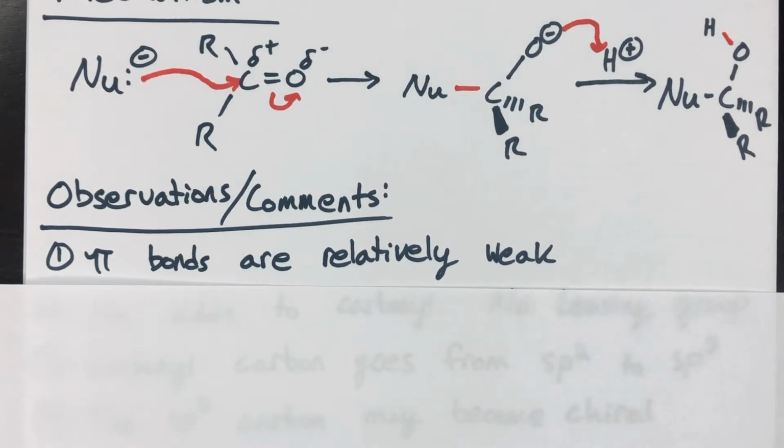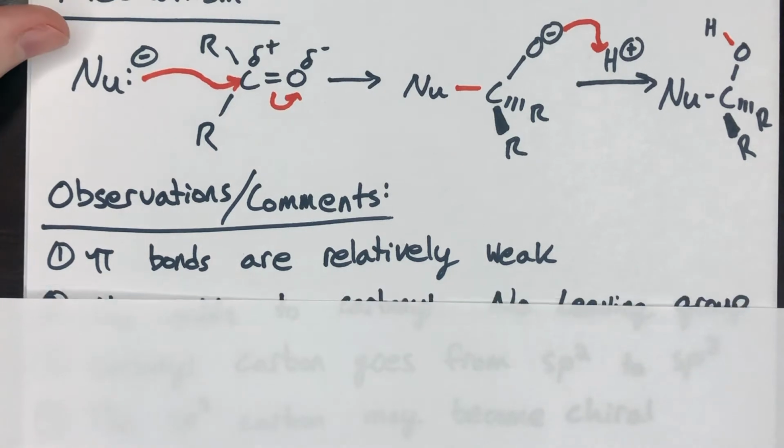And that's why it can act as what I call this pseudo leaving group. You can use that bond to fulfill the octet on that carbon by dumping those electrons onto the oxygen, and this is why this type of mechanism is allowed.